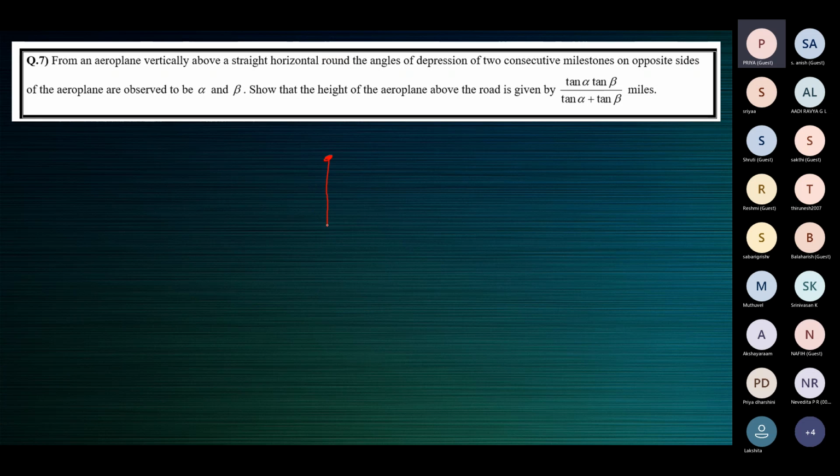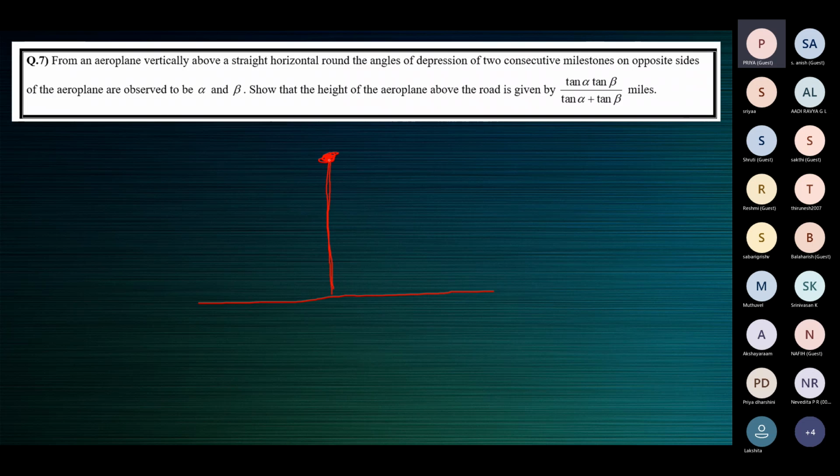So this is the horizontal ground, right above it, vertically above the straight horizontal ground. There's an aeroplane here in the sky.